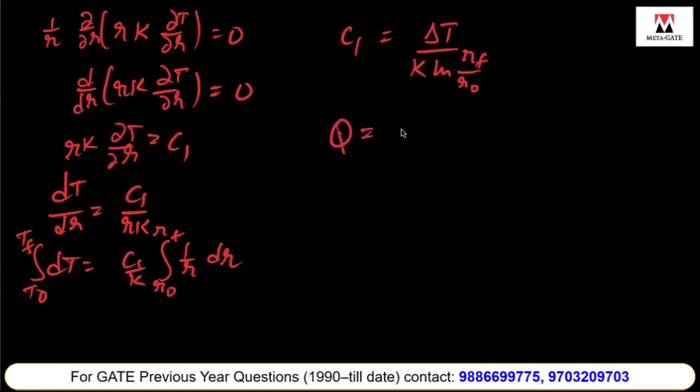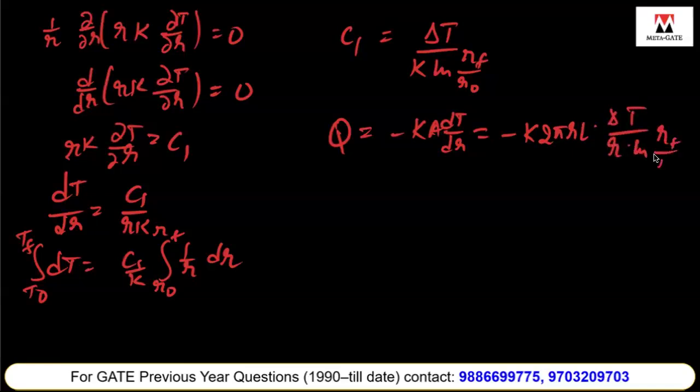Then Q is equal to minus k A dT by dr, where it is minus k into area, the cross-sectional area, surface area. So it is 2 pi r L into delta T by r into ln rf by r naught.